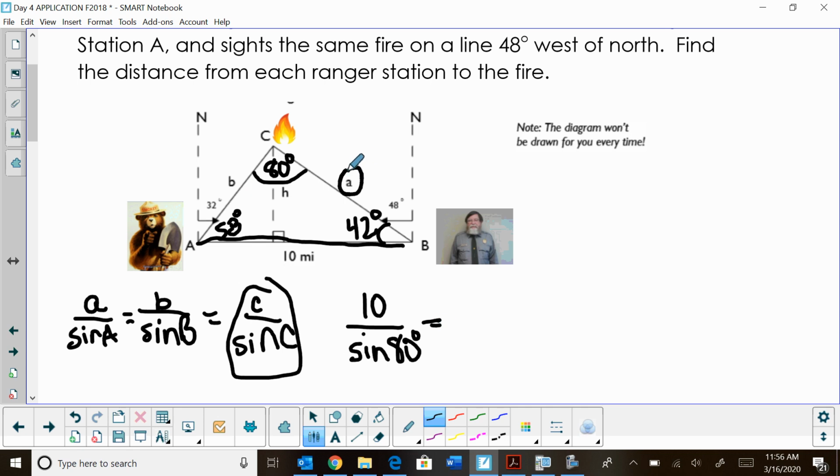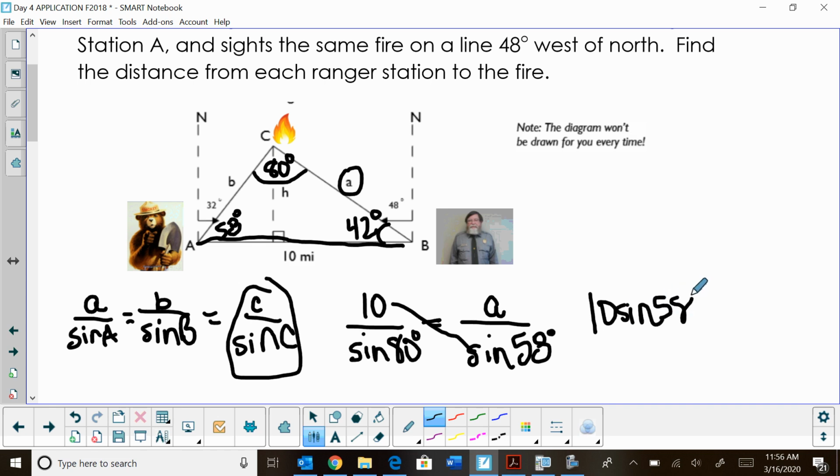So A is this side over here. It's the distance from Swampy Johnson to the fire. So A is my unknown, and I'm going to take the sine of 58 degrees. Now let's grab our calculators, and we're going to do a cross product. So 10 times the sine of 58 is going to be equal to sine A times the sine of 80. So we're going to end up dividing both sides by the sine of 80 to solve this.